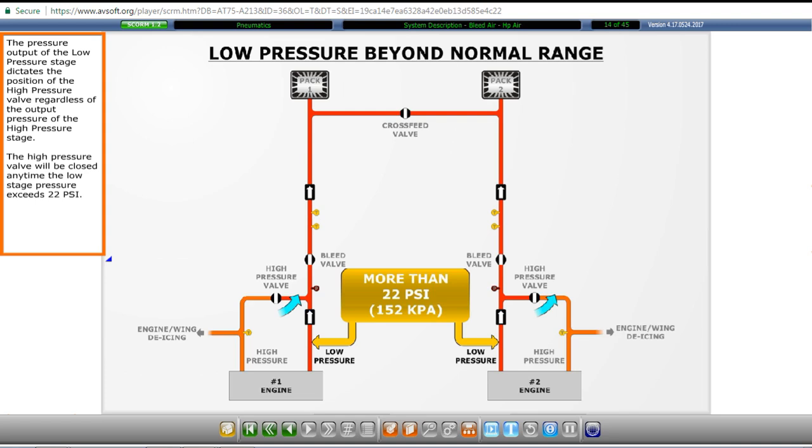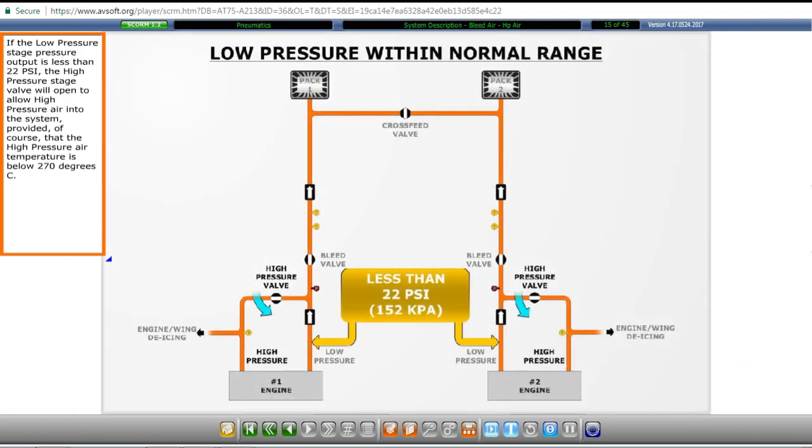The pressure output of the low-pressure stage dictates the position of the high-pressure valve regardless of the output pressure of the high-pressure stage. The high-pressure valve will be closed any time the low-stage pressure exceeds 22 psi. If the low-pressure stage pressure output is less than 22 psi, the high-pressure stage valve will open to allow high-pressure air into the system, provided, of course, that the high-pressure air temperature is below 270 degrees Celsius.